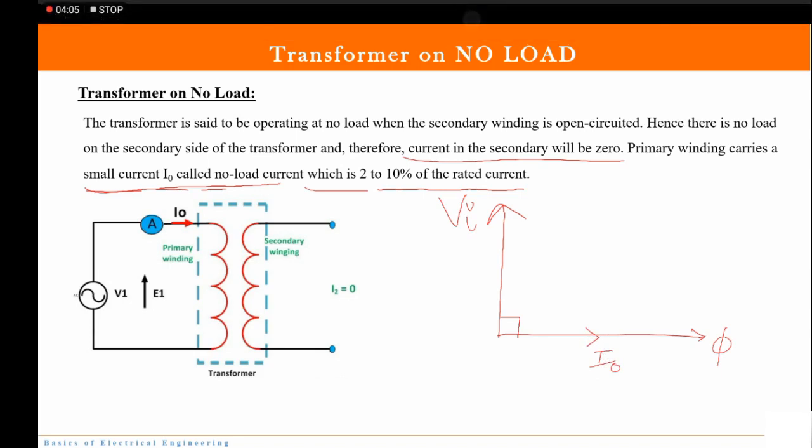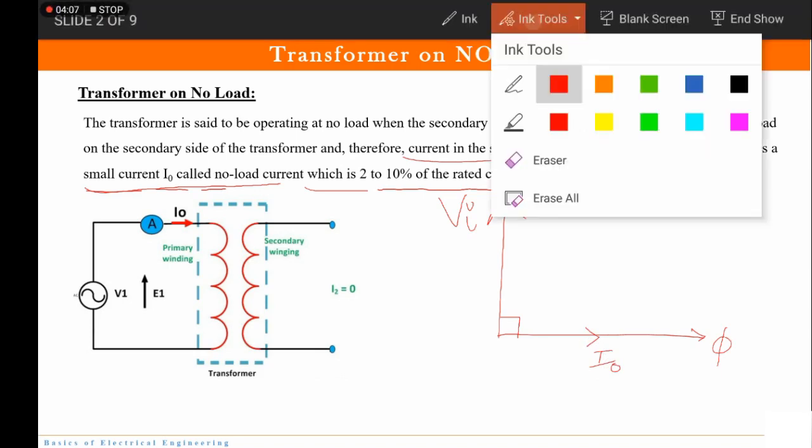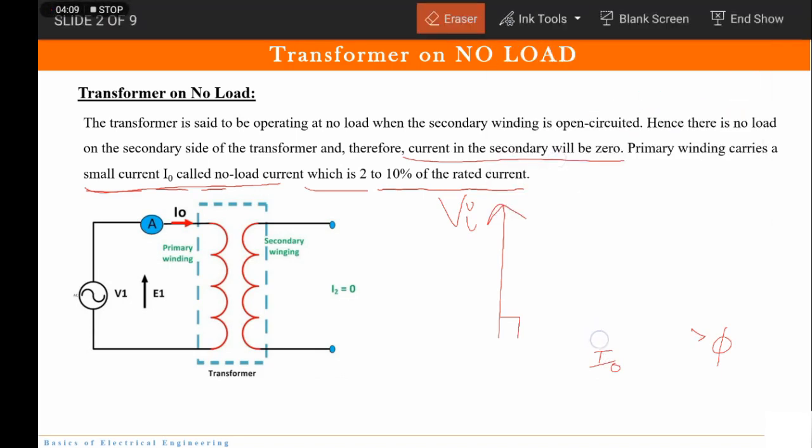But now this is not ideal, correct? It means that we will not get I0 here. So where will we get I0? It will have some phase angle which is smaller than 90 degree.